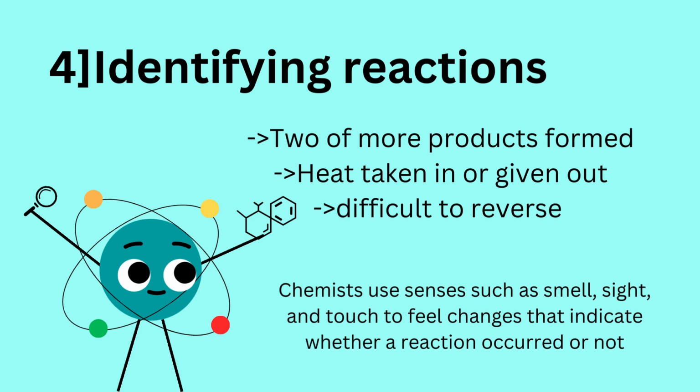These hints can be A, heat is taken in or given out, which means the reaction can be exothermic or endothermic, or B, a new product is formed and there is a depletion in the amount of reactants, or C, it is hard to reverse the reaction, or in some cases the reaction is not reversible. And this is mostly it for today's video.